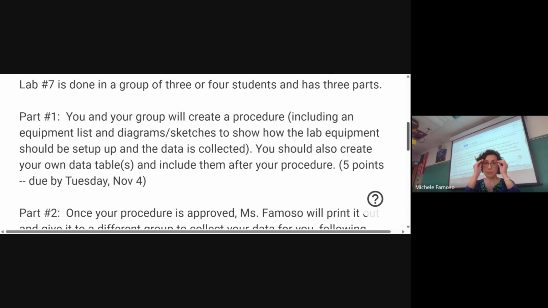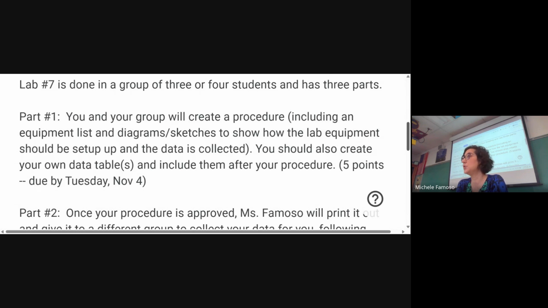Okay. So notice I'm telling you that you're going to have 3 or 4 students in a group, and there are 3 parts to this lab. In part 1, you and your group are going to create a procedure which includes an equipment list and diagrams or sketches to show how the lab equipment needs to be set up by the people who are going to do this experiment for you, and how to collect the data.